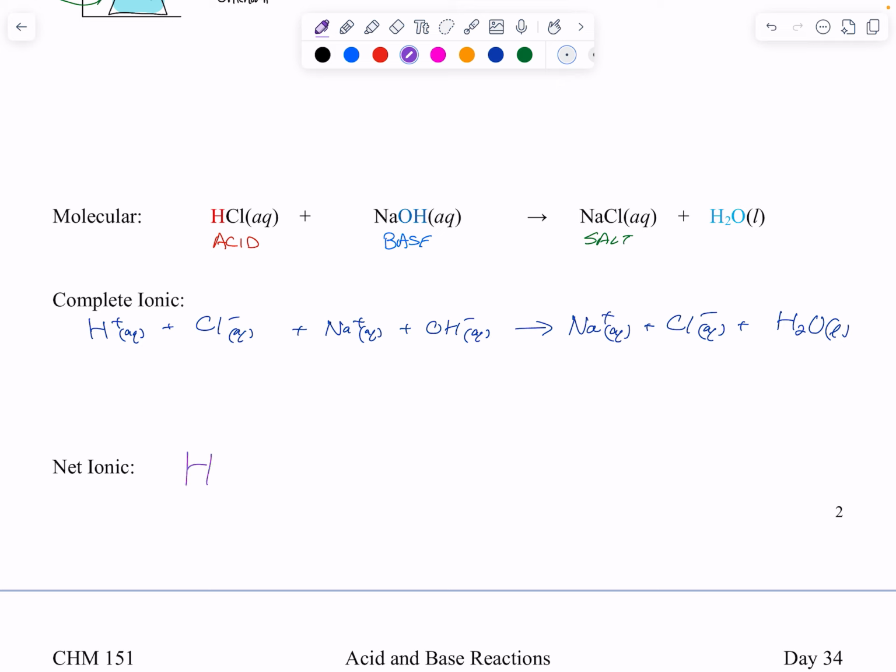H plus and OH minus going to H2O liquid. All right. And so that's pretty much what we're talking about here with these strong acids, strong bases.